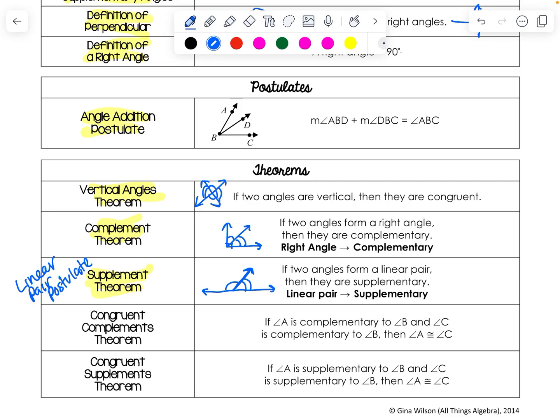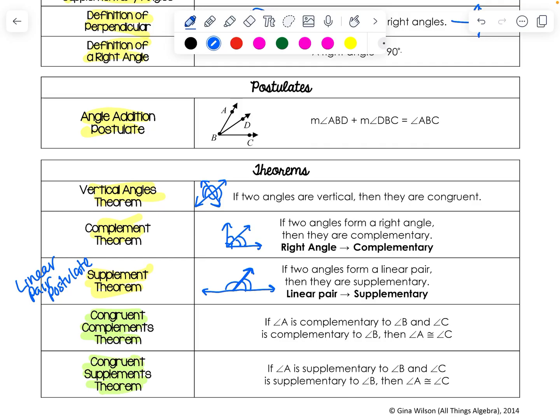All right, new ones. These are pretty new. The first theorem says if A is complementary to B and C is complementary to B, then A and C both have to be congruent.